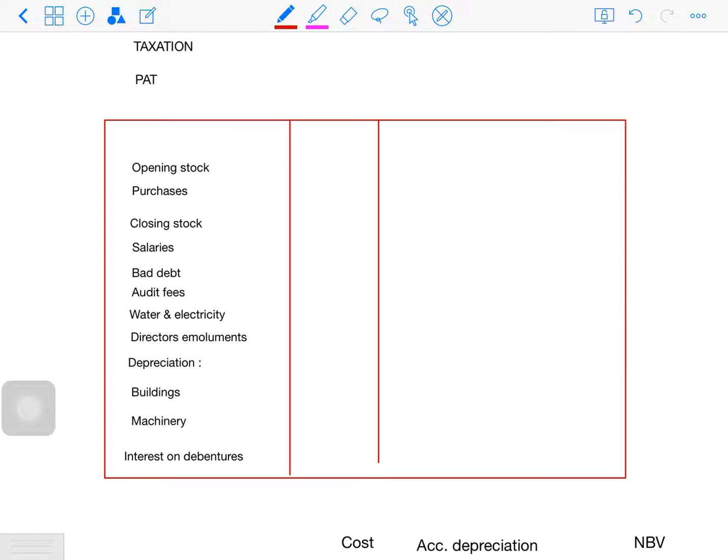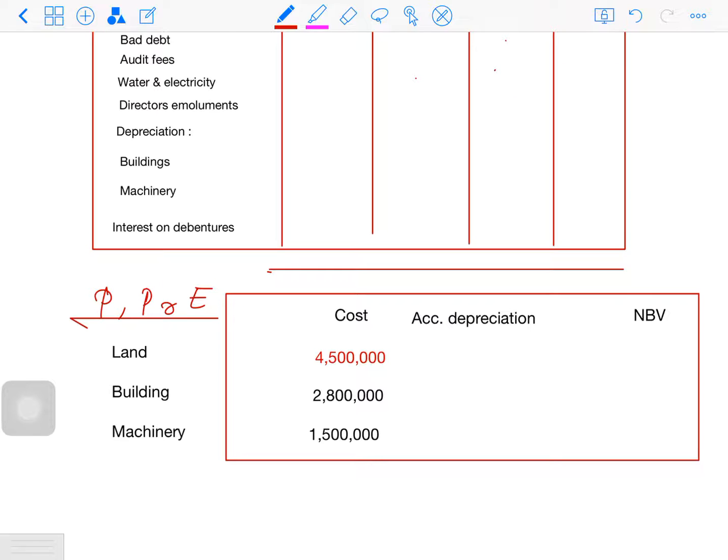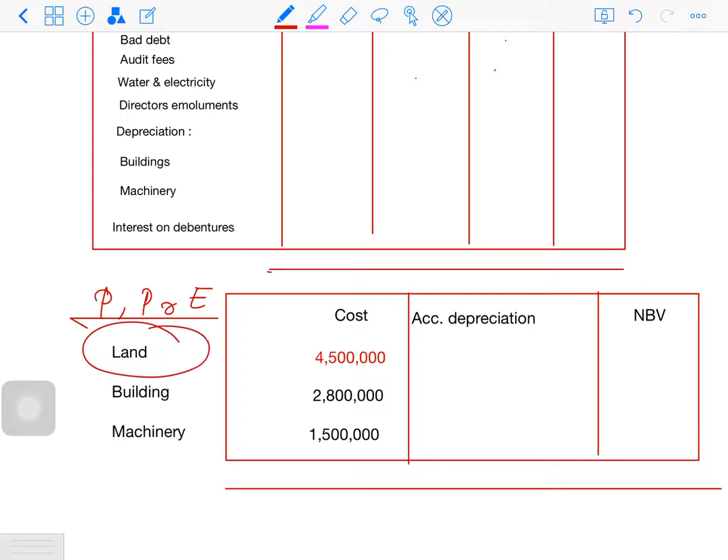It's advisable to do this in the form of a table, a table for each of these, like land, building, machinery. The items here you can find in your trial balance.